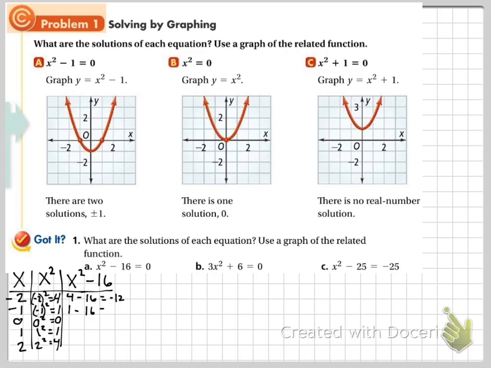1 minus 16, that's -15. 0 minus 16, that's -16. And then a couple repeats here. 1 minus 16, that's -15. 4 minus 16, -12. And then I'm going to graph this. Let's go down by 4s, since I don't have a ton of room here.